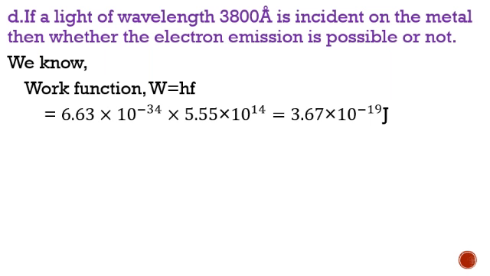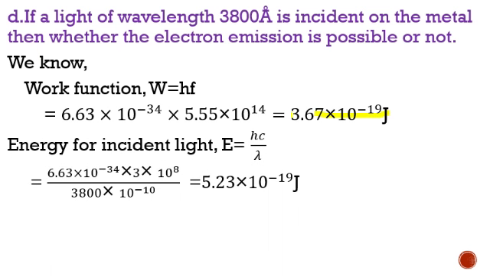So at first we will find out the work function. W is equal to hf. H is 6.63 into 10 to the minus 34, and f is the threshold frequency which is available in the question, 5.55 into 10 to the power 14, and the answer came 3.67 into 10 to the power minus 19.